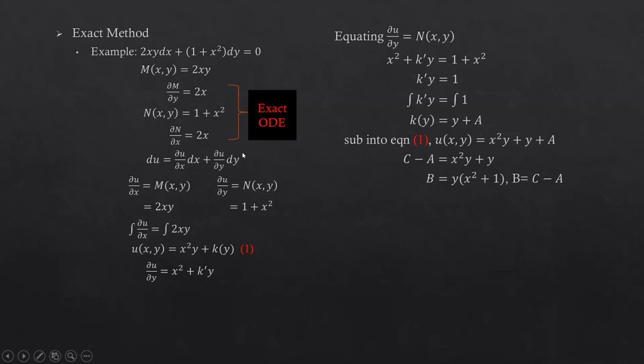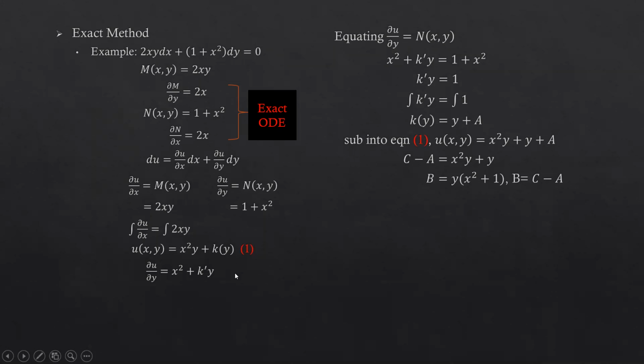We can recall from calculus that if a function u(x,y) has continuous partial derivatives, its differential is du equals partial u over partial x dx plus partial u over partial y dy. So we integrate partial u over partial x to get x squared y plus a function k in y.